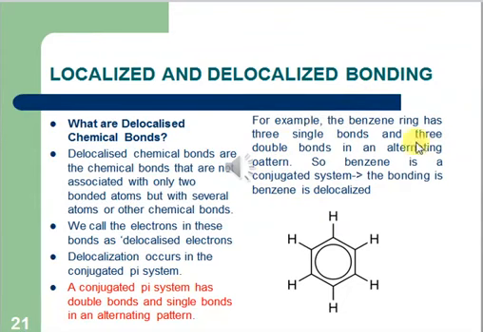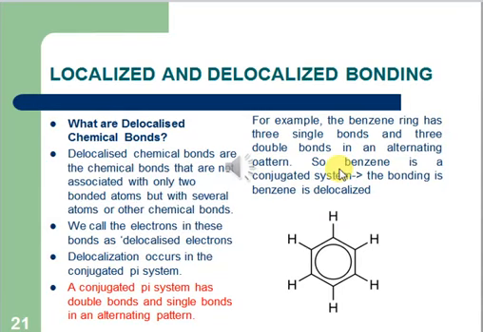Benzene has 3 single bonds and 3 double bonds, such that one double bond is followed by a single bond, then a double bond, then a single bond. Whenever there is alternation of double and single bonds, the system is said to be conjugated, and whenever the system is conjugated, the bonding is called delocalized bonding. That's what we mean by delocalized bonding.